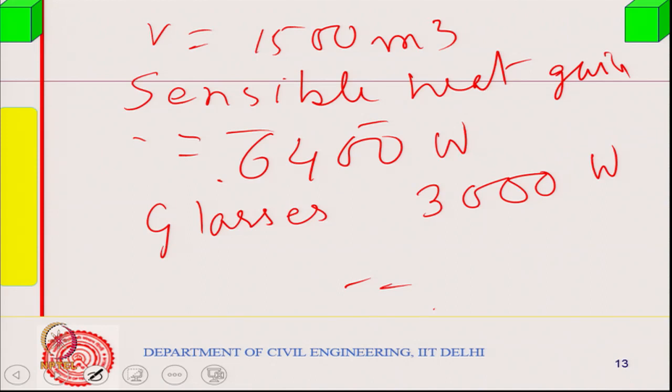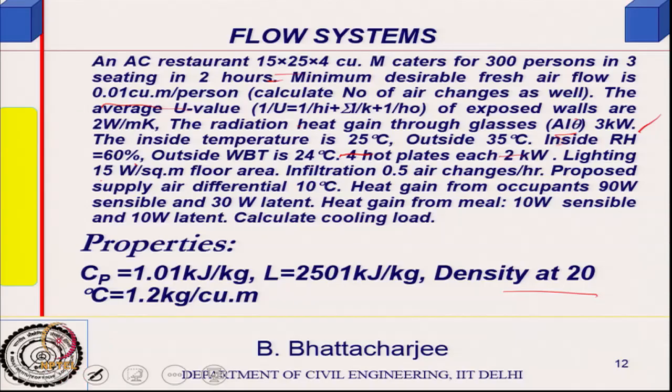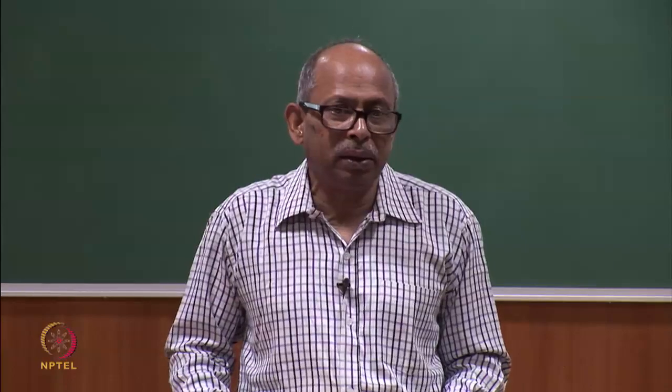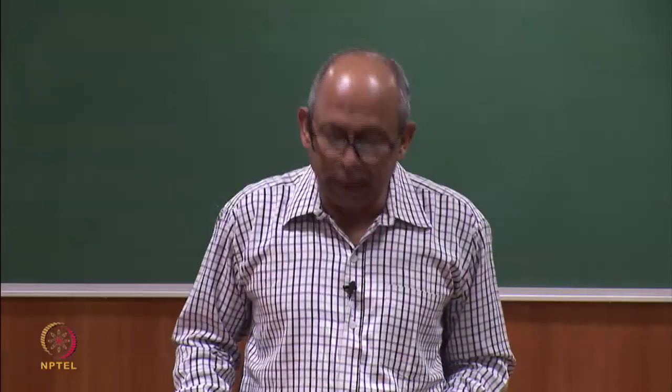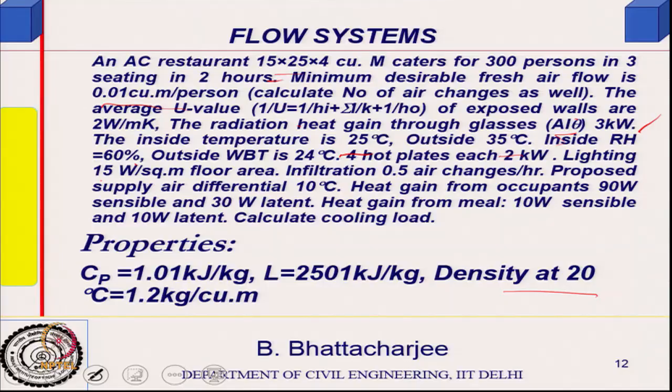Then from each person, I must find out how many persons are sitting there. 300 persons in 3 sittings in 2 hours. That means in each sitting, 100 people, and they sit for 2 hours. To calculate how much heat they generate, each person generates heat of 90 watt, right.